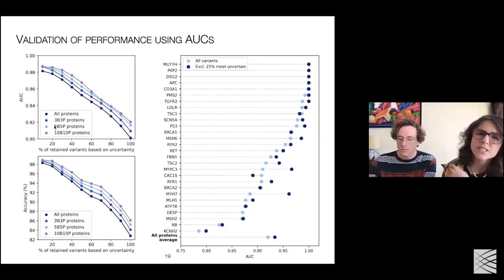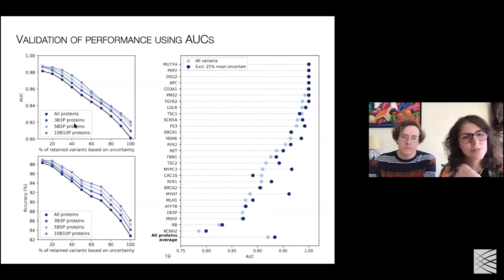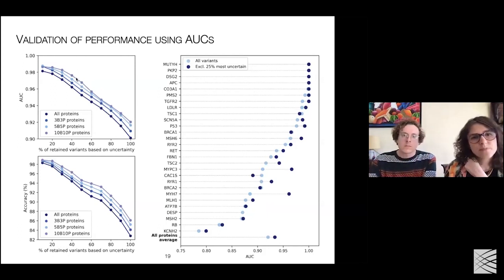So basically what you can see here is that these different plot dots correspond to the subset of genes with at least 3 benign and 3 pathogenic labels, or at least 5 benign and 5 pathogenic labels, etc. So you can see that the results are not very dependent on that. And that's just very reassuring because it implies that there is generalizability across the board of genes.